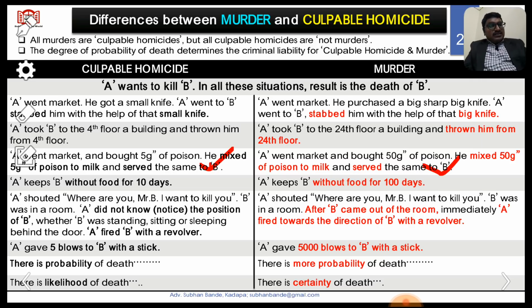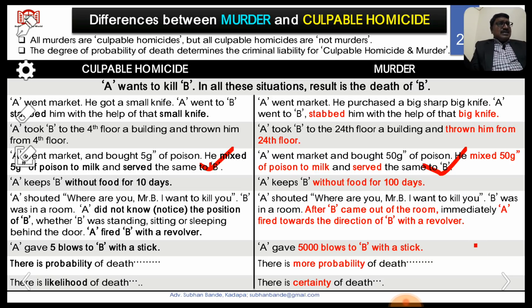In the second circumstance, A wants to kill Mr. B. He went to the market and bought 50 grams of poison. He mixed 50 grams of poison into milk and served it to Mr. B. That results in the death of Mr. B. In both the cases, the result is death.